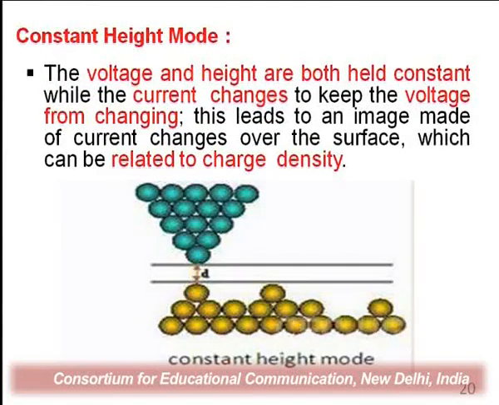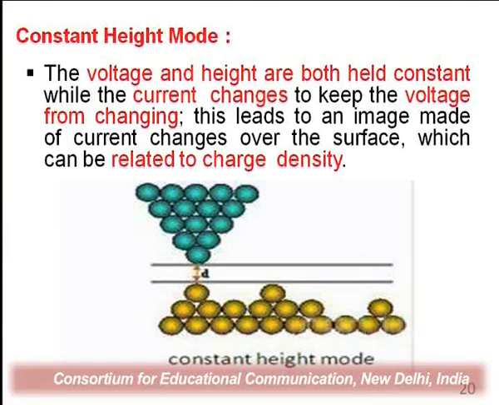Now we discuss further what the constant height mode is. Here you see the sample, which is the dark yellow color, and the tip on the upper side, and the distance d is fixed here. Now it will not change. Either the surface is smooth or not, it will be the same to scan the surface. So the voltage and the height are both held constant.